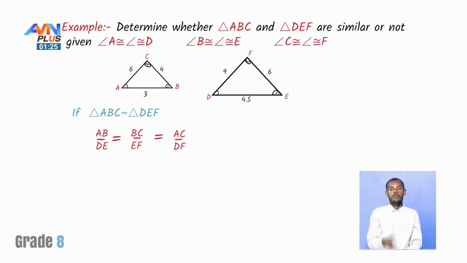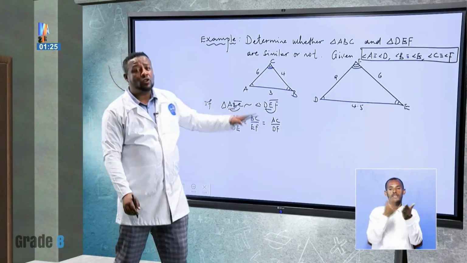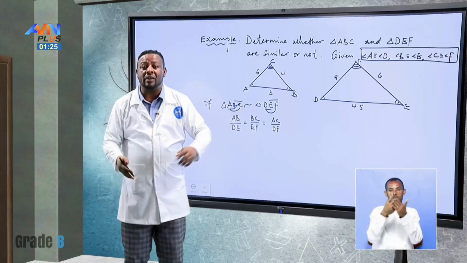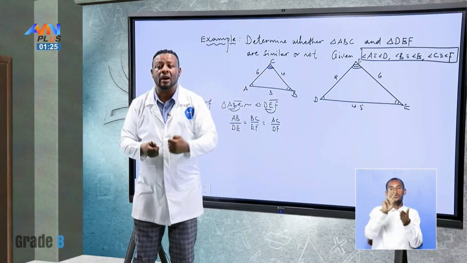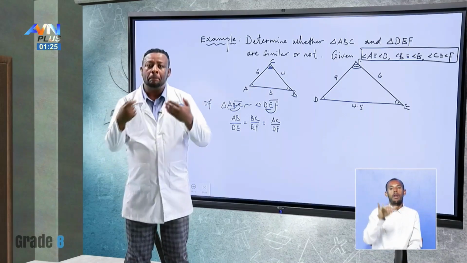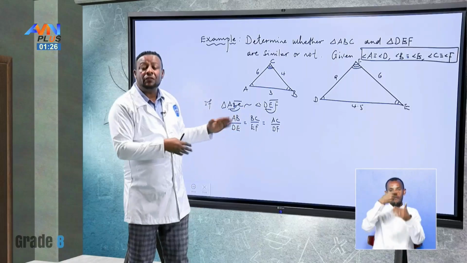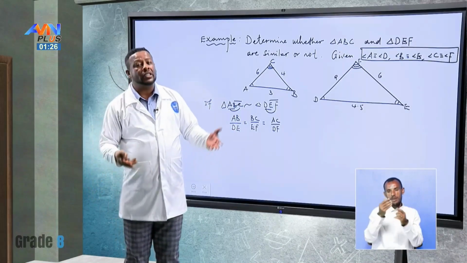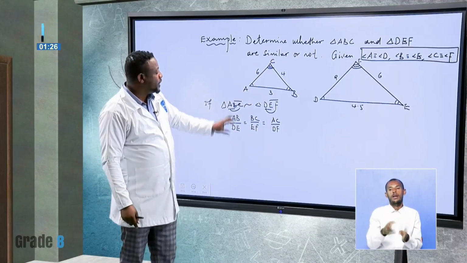Okay, we need to check whether these ratios are the same or not. If all these ratios are the same, we can say that these two triangles are similar. But if we get one value which is different from the other, the second condition fails. That means the two triangles are not similar. So let's keep calculating this ratio.